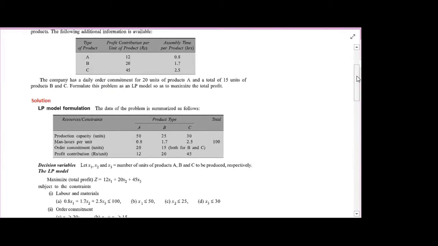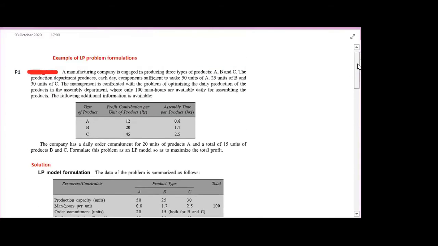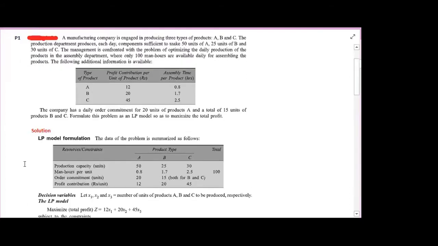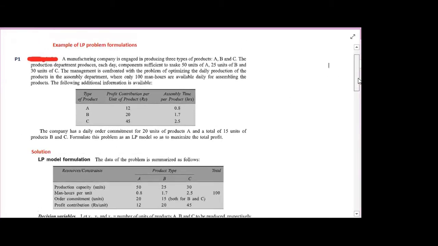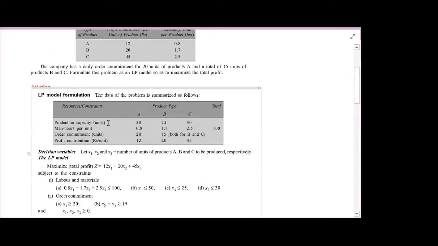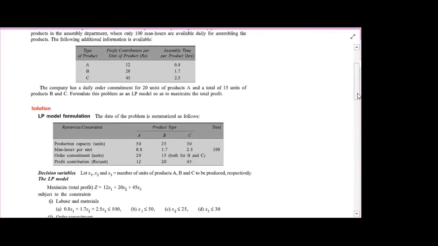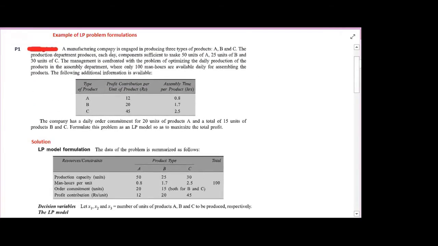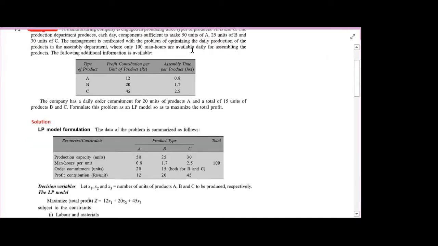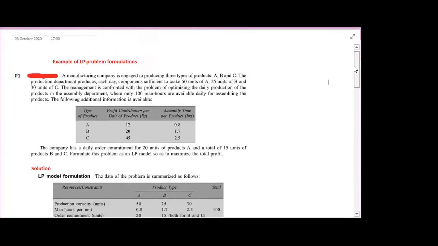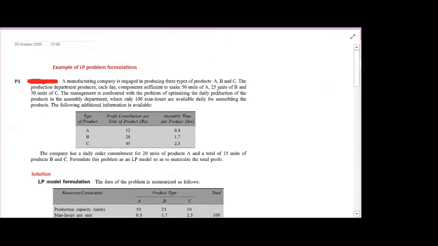First, we can summarize the problem data in table form. See here, what are the resources and constraints, right? We have production capacity of how much? 50, 25, and 30. Here you can see the production capacity. It means we have sufficient raw material to produce 50 units of A, 25 units of B, and 30 units of C, right?